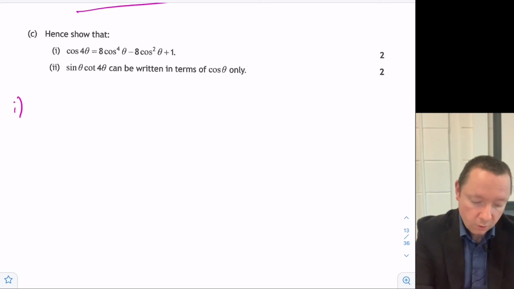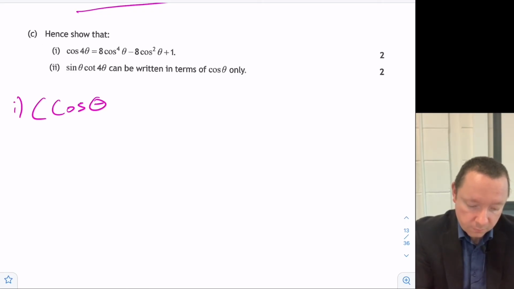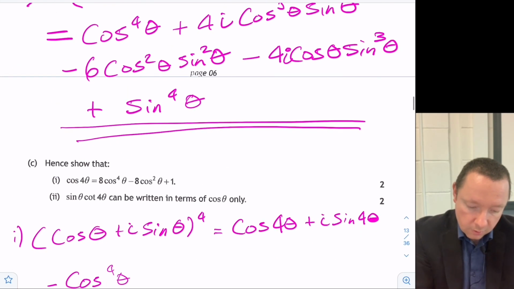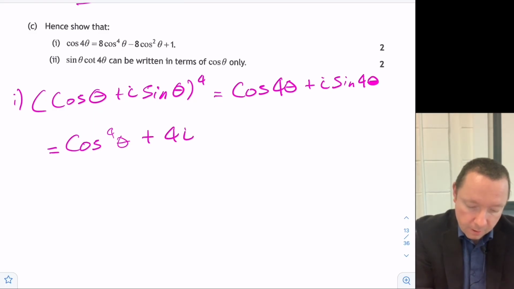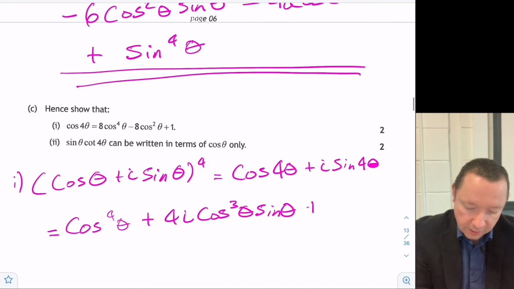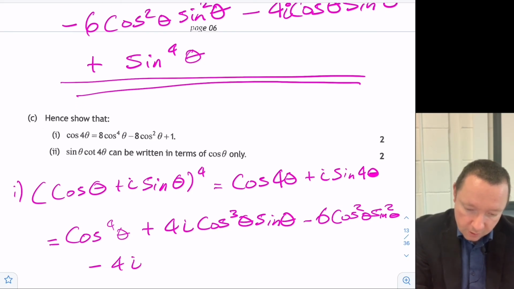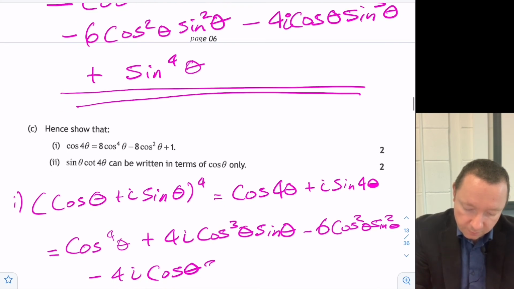So part 1, we already know that cos theta plus I sin theta to the power of 4, from de Moivre's theorem, is cos 4 theta plus I sin 4 theta, which equals cos to the power of 4 theta plus 4i cos cubed theta sin theta minus 6 cos squared theta sin squared theta minus 4i cos theta sin cubed theta plus sin to the power of 4 theta.